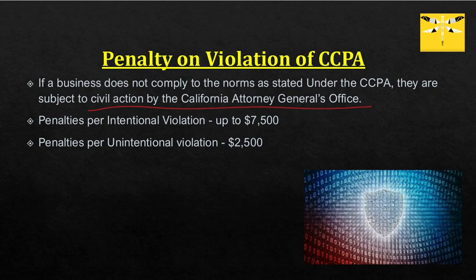So there are two kinds of penalties. First is the penalty for intentional violation, which can go up to $7,500. And the second is the penalty for unintentional violation, which is up to $2,500.